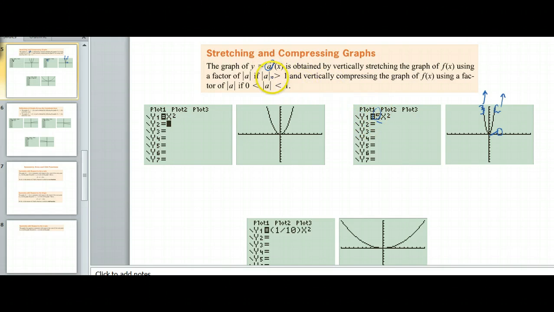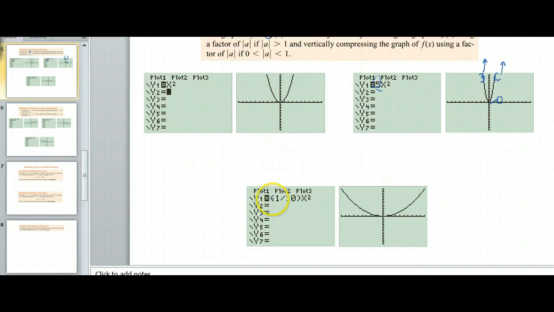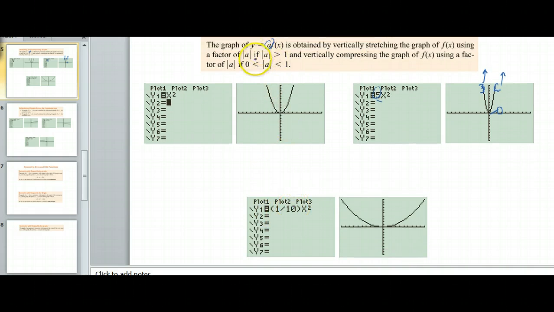Okay. Now, in this one, 1/10, that fits in down here between 0 and 1. The number out in front is a 10th. What is it doing? It's vertically compressing the graph by a factor of a 10th. So this time, there's our nail again. If you want to say that we're putting it in the vertex, that's what doesn't change when we multiply. The output doesn't change when we multiply it by the number.